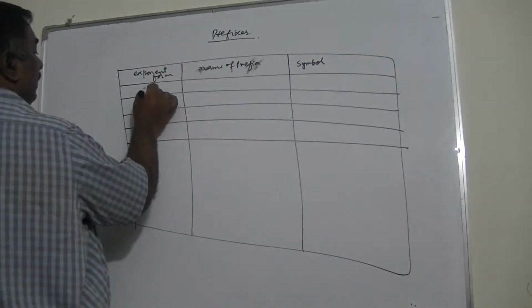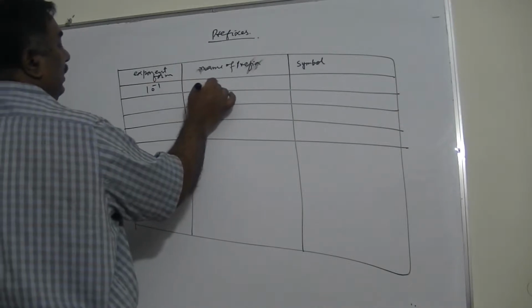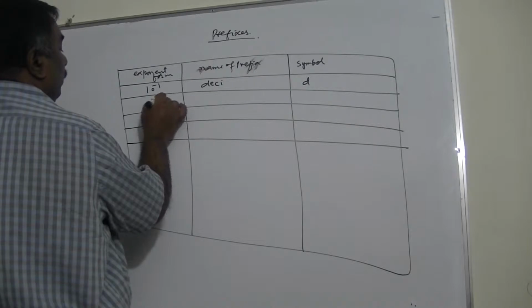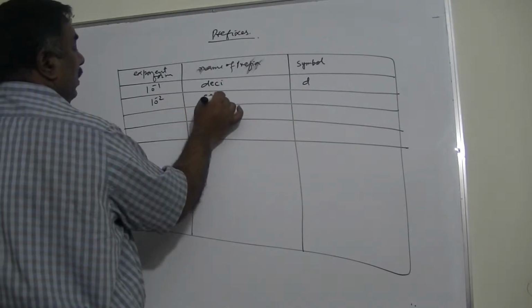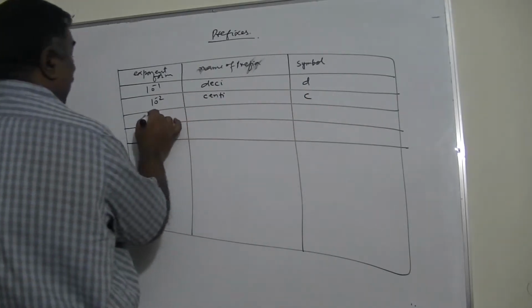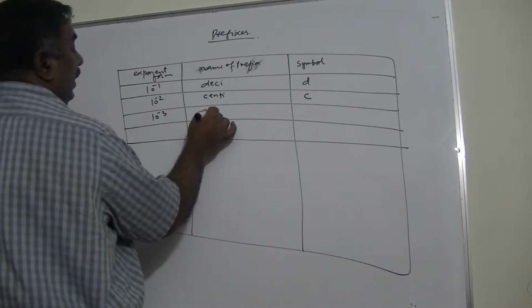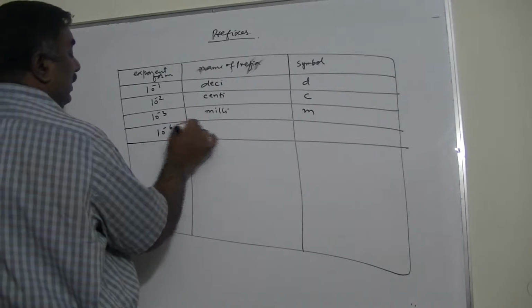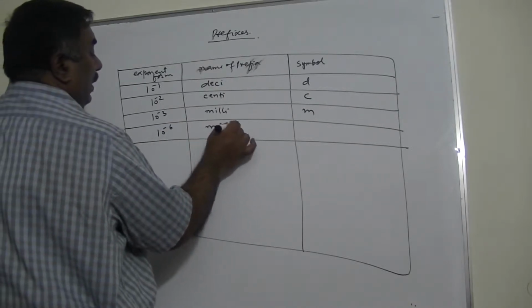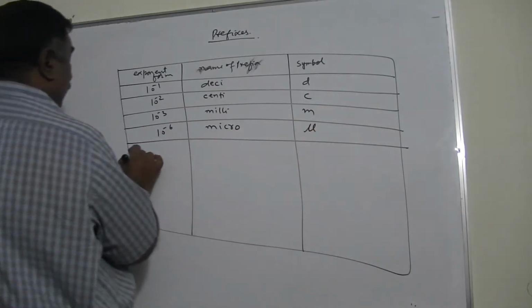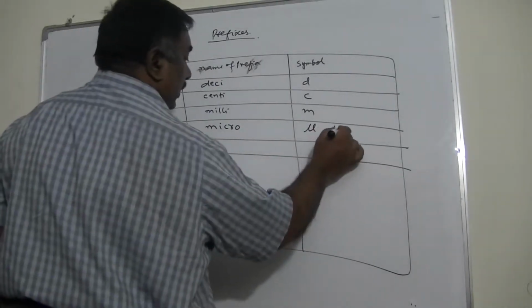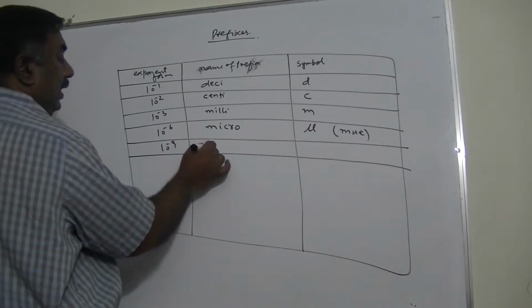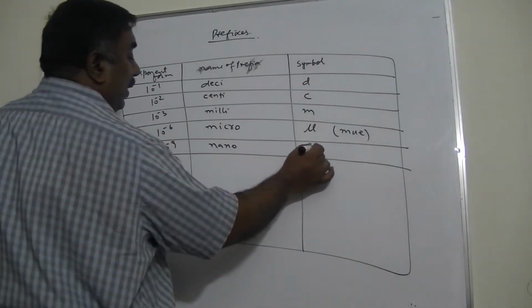10 power minus 1 is for deci, small d. 10 power minus 2 is for centi, small c. 10 power minus 3 is for milli, small m. 10 power minus 6 is for micro, it is read as mu. Then 10 power minus 9 is nano, small n.